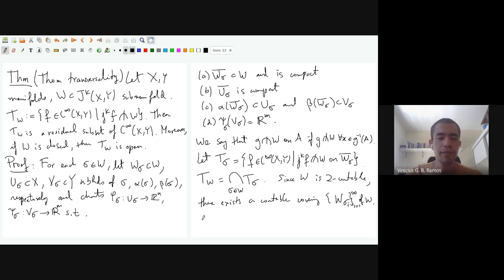So T_W is the intersection of T sigma i for i equals 1 to infinity. So what we need to show is that these T sigmas are open and dense. Okay? So that's the claim.